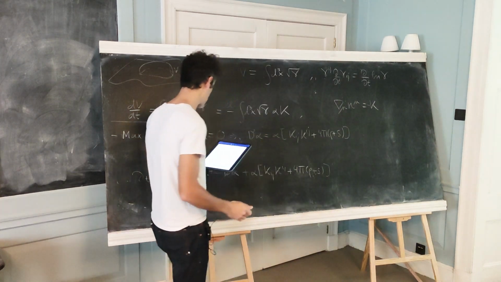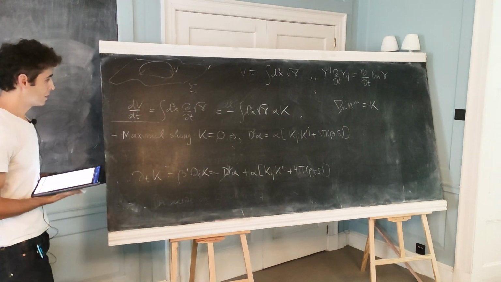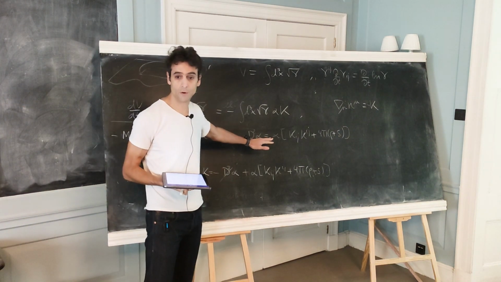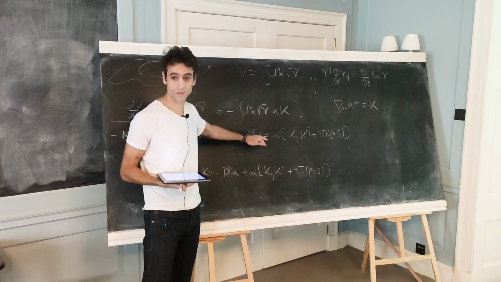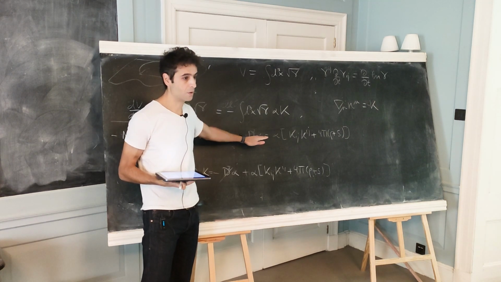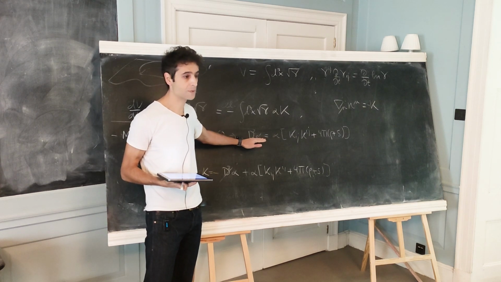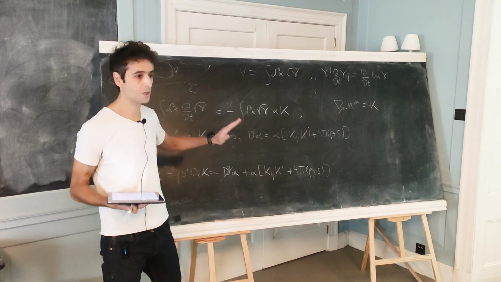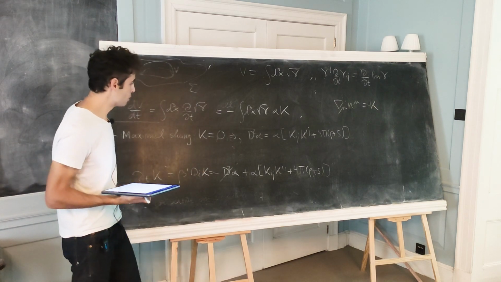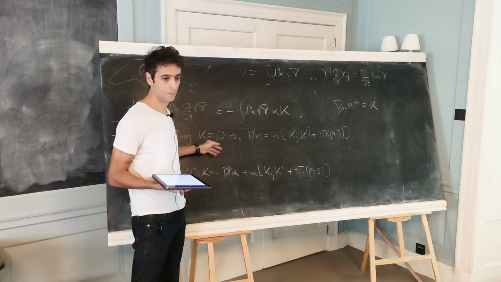Okay? So that's option number 4 that we discussed earlier on. So on each spatial hypersurface, you now have to solve this elliptic equation for the lapse, subject to suitable boundary conditions, which is an issue. And this would impose that the trace is 0.